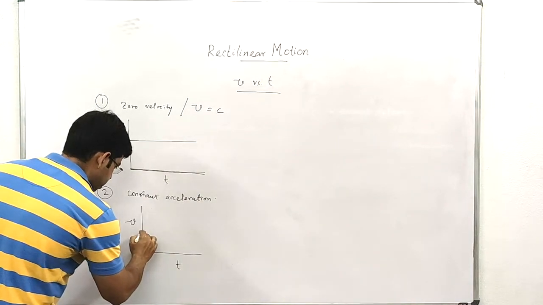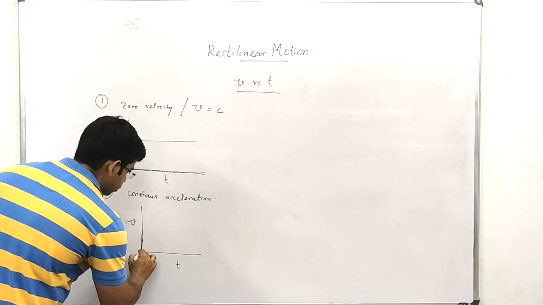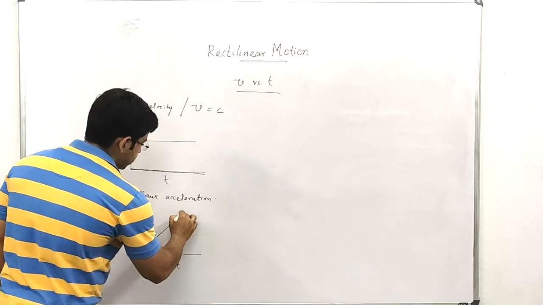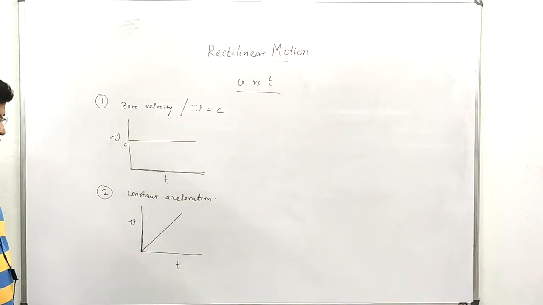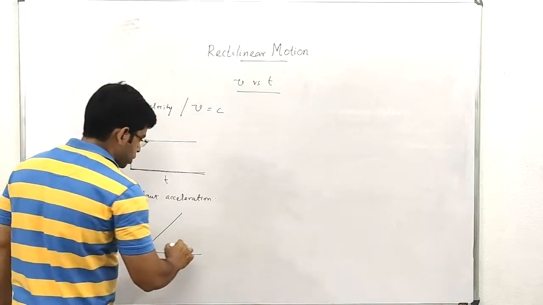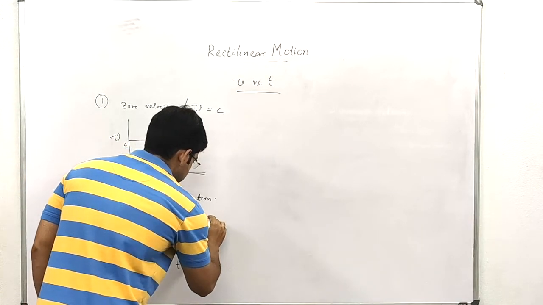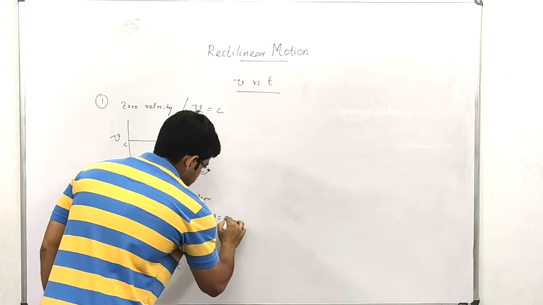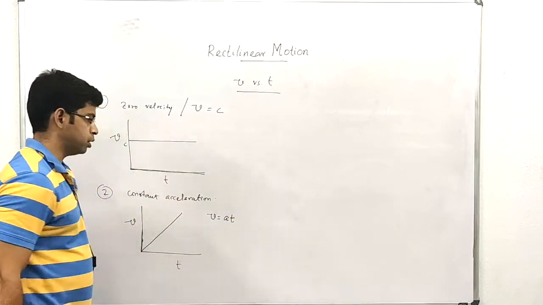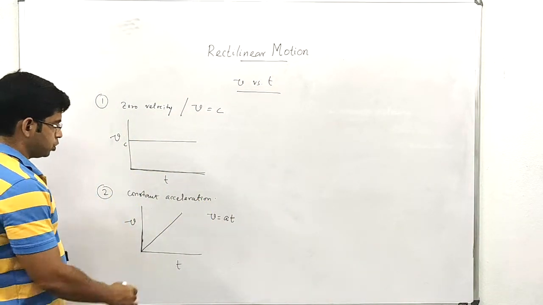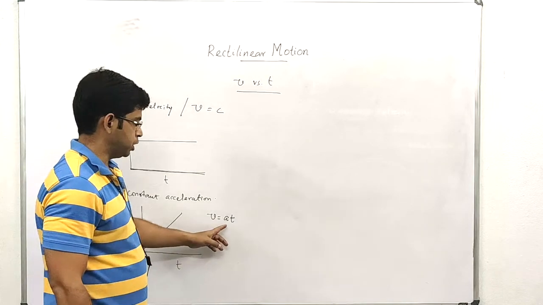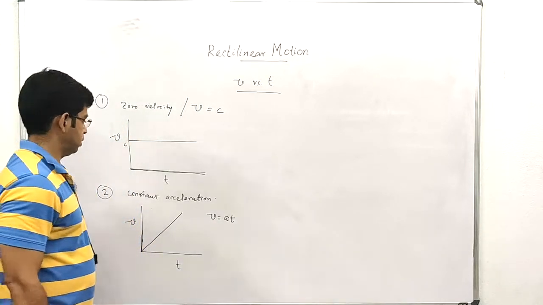Here we are drawing the curve with constant acceleration. We will have a straight line passing through the origin with a positive slope, because v equals acceleration multiplied by t is the equation, and the slope of the curve will give the value of the acceleration.